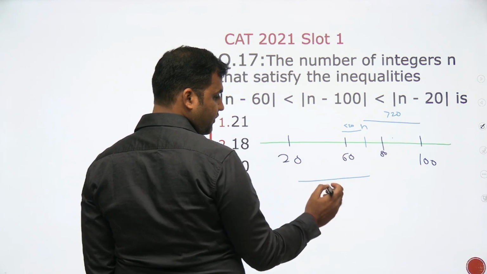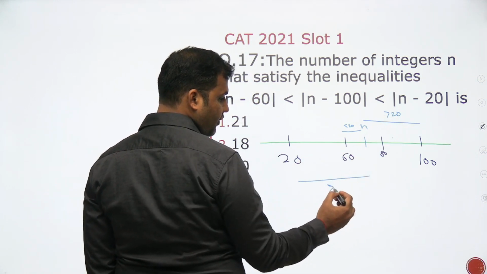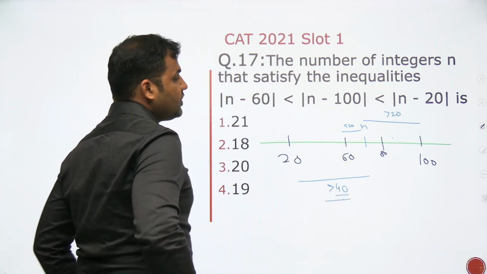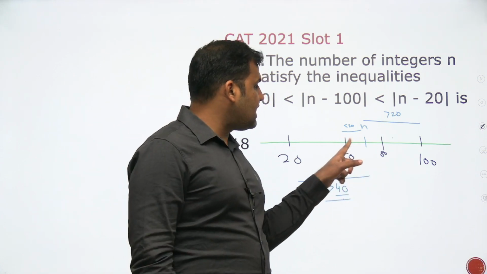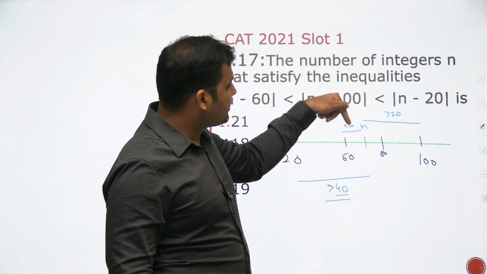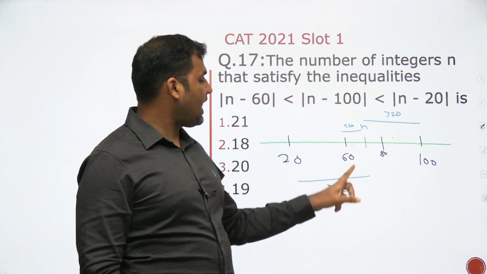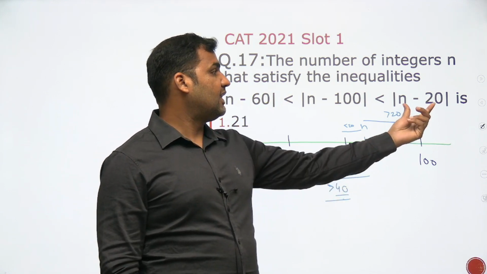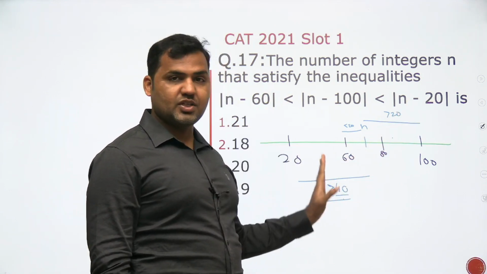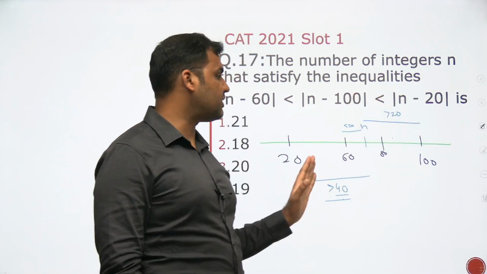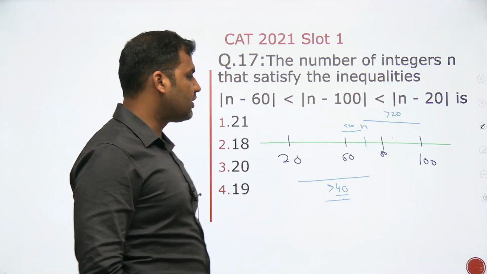Because 20 से 60 40 का distance है, so the distance of n from 20 is more than 40. So see that if I pick n in this range, then the distance of n from 100 will definitely be more than distance of n from 60, and it will be lesser than the distance of n from 20. You just have to see कि ये distances में कौन सा distance ज़्यादा है, कौन सा distance कम है, उसके लिए mod का basic knowledge चाहिए.